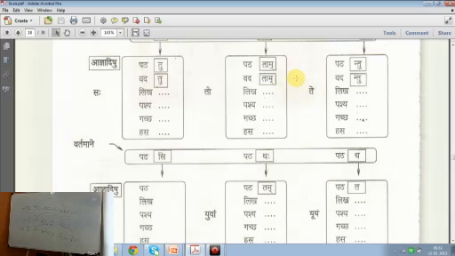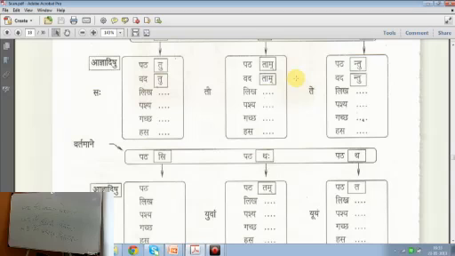Sarve santu niramaya. Let all be healthy. Sarve bhadrani pashyantu. May all see good things in life. Pashyatu, pashyatam, pashyantu. Ma kaschid dukkha bhag bhaved. Let no one be a sufferer. That is a universal prayer we have in Sanskrit. So this way we understand here.